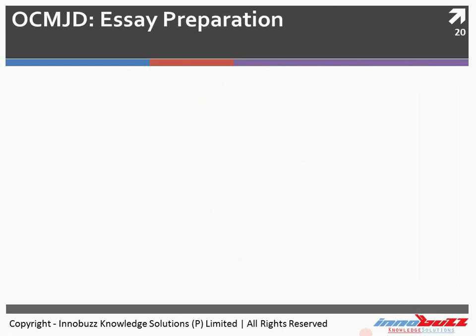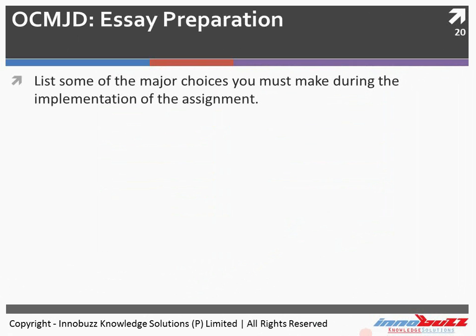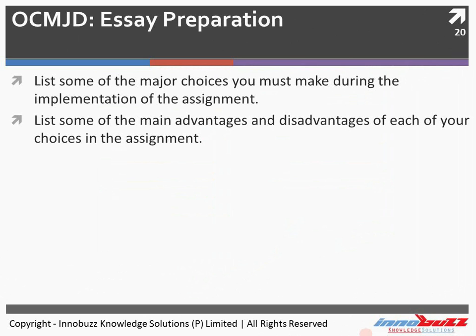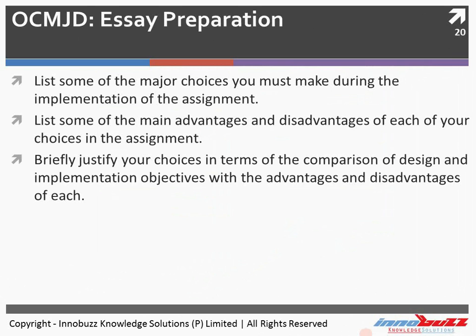And the preparation required for your essay is listing some of the major choices you must make during the implementation of the assignment, which we just now saw. List some of the main advantages and disadvantages of each of your choices in the assignment.